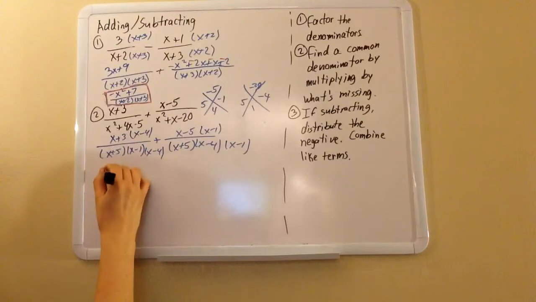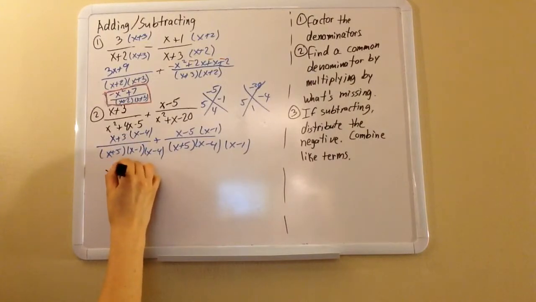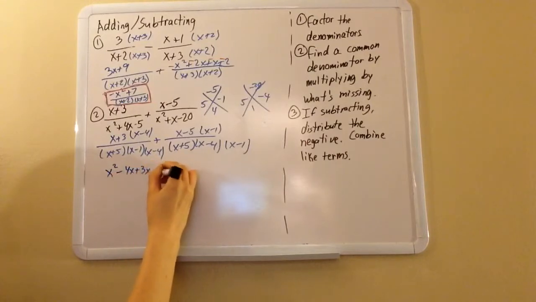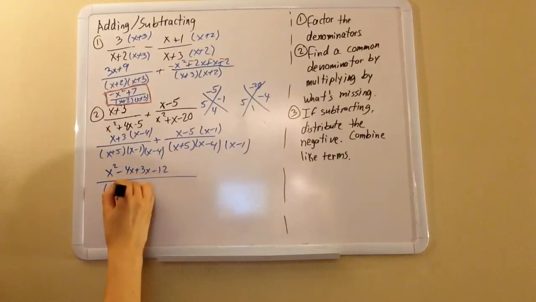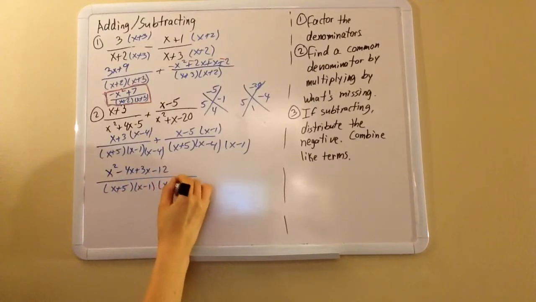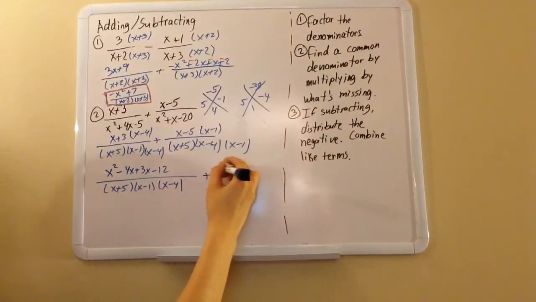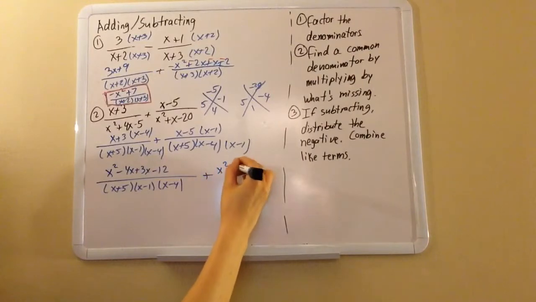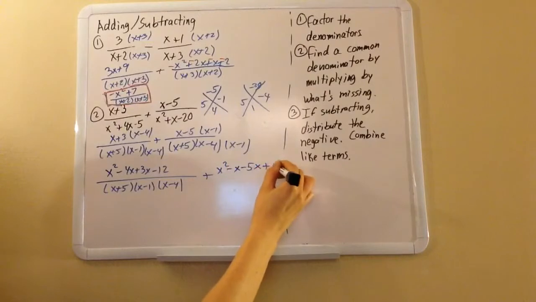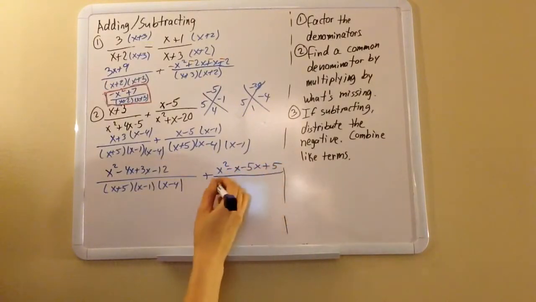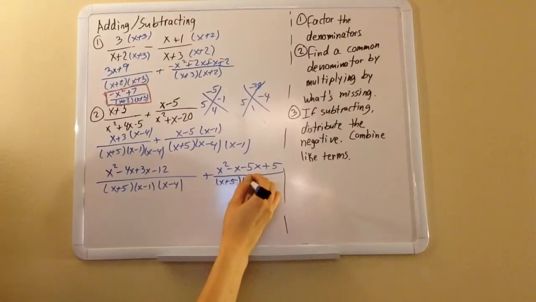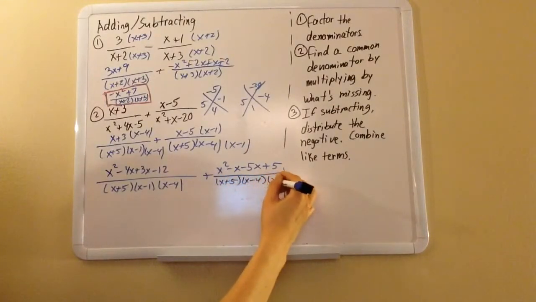In the top part, we're going to have x squared minus 4x plus 3x minus 12 all over x plus 5, x minus 1, x minus 4, plus, and I multiply these out, I get x squared minus x minus 5, x plus 5. On the bottom, I get x plus 5, x minus 4, and x minus 1.